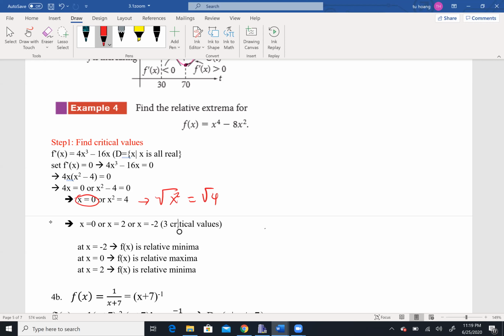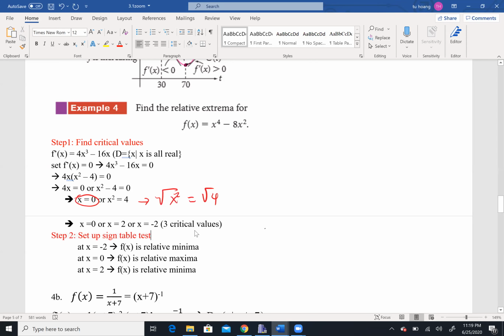After I finish finding the critical values, I move to step 2 and set up a sign table. Actually, it's the number line test, but what's that called?